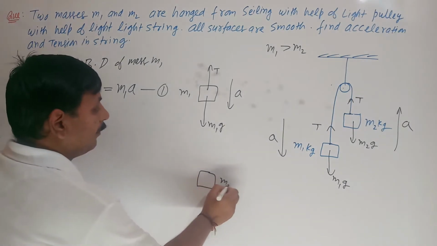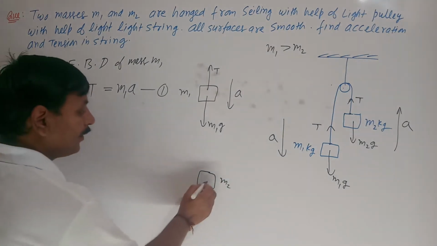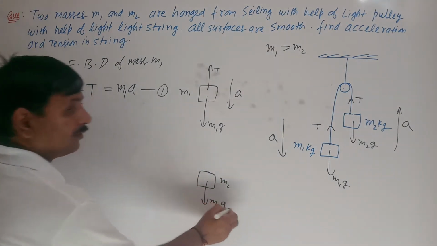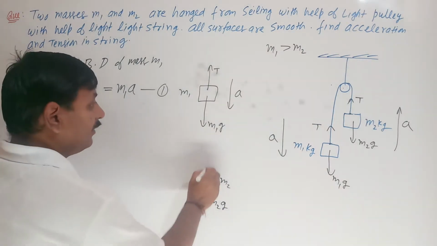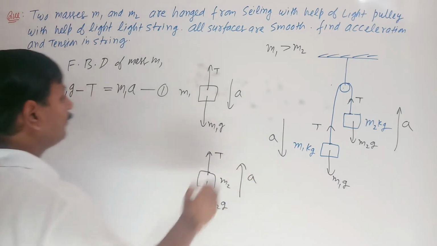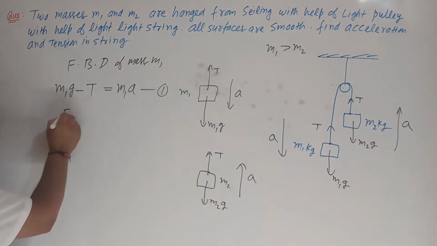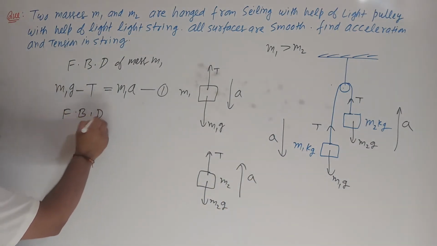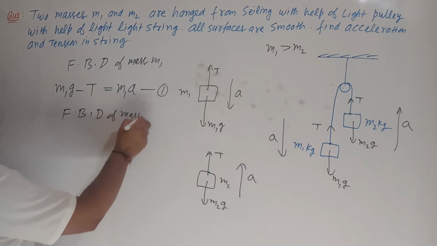In the same way, if we take mass M2: M2g acts downward, tension acts upwards, and acceleration is upward. This is the free body diagram of mass M2.